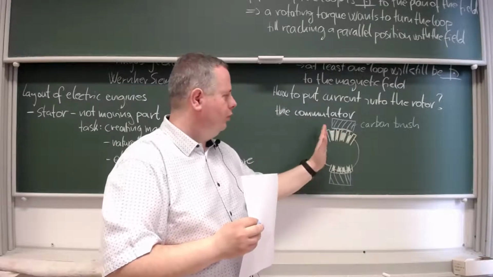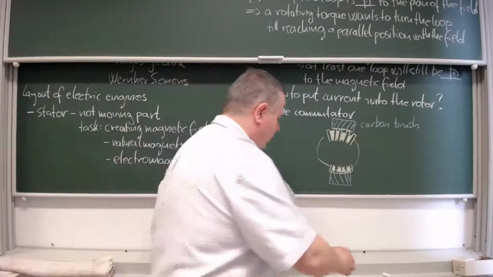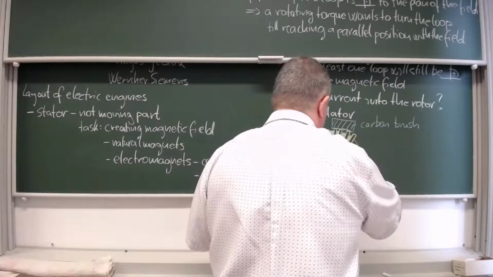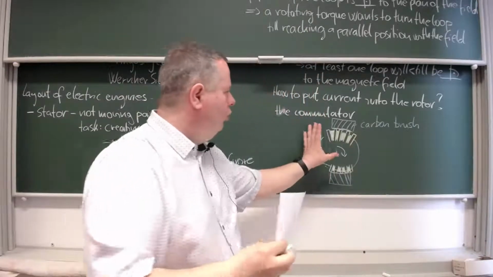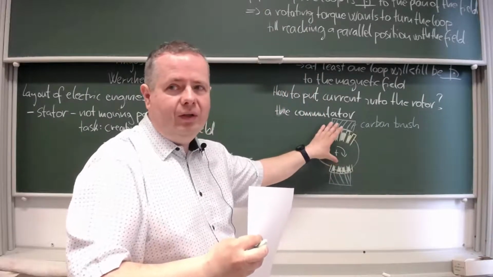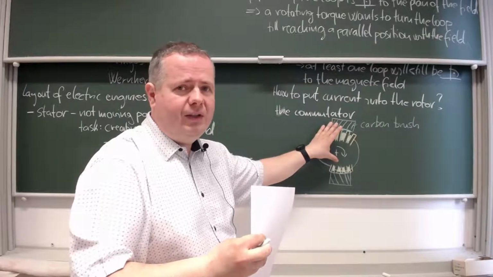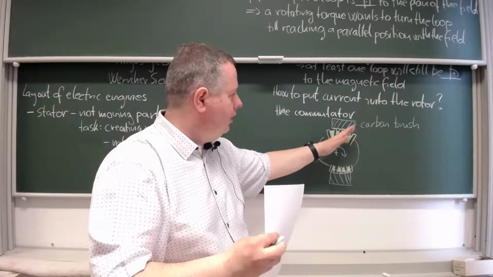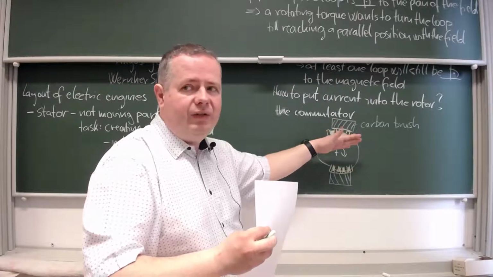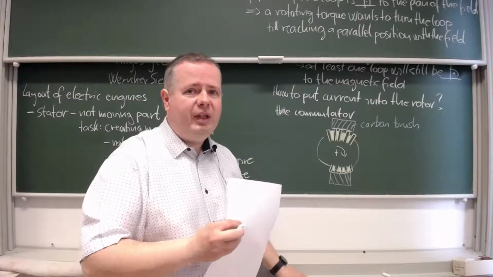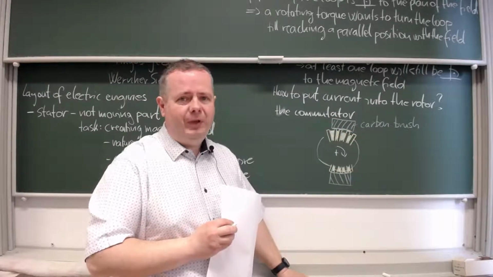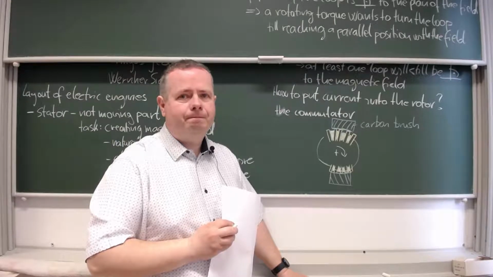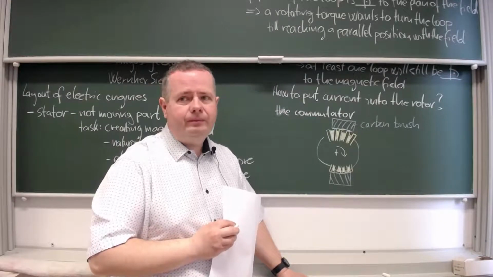So if it turns like this, then a new loop enters between the brushes, so gets the electricity, and the previous one leaves the brushes and leaves the electricity. It becomes non-active. Okay? This is how it works.